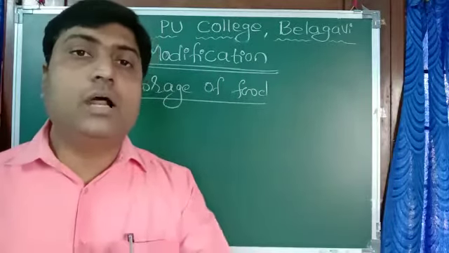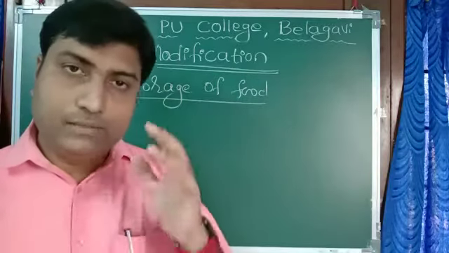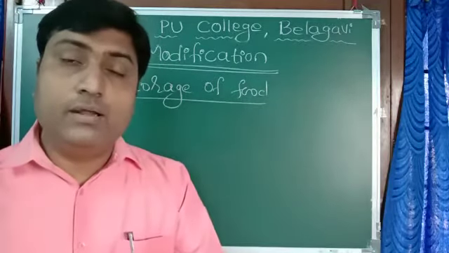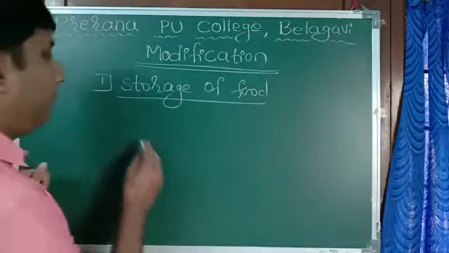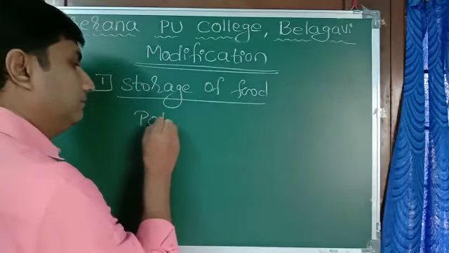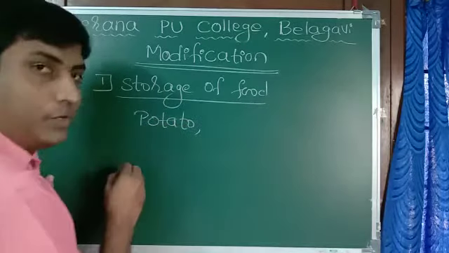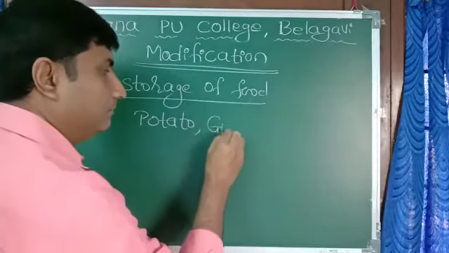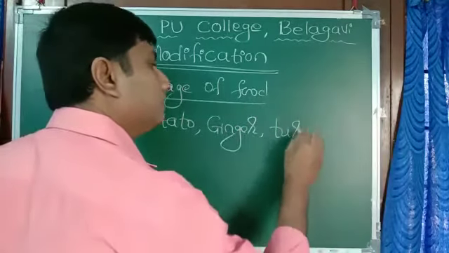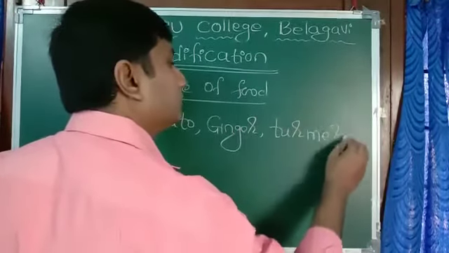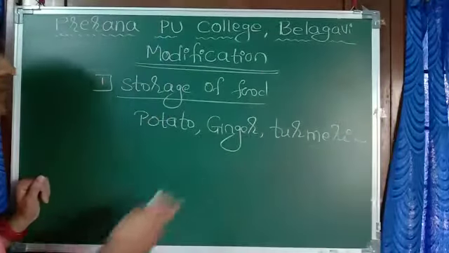We call this underground modification of stem. They grow beneath the soil and help in the storage of food. We can give examples of potato, ginger, turmeric.